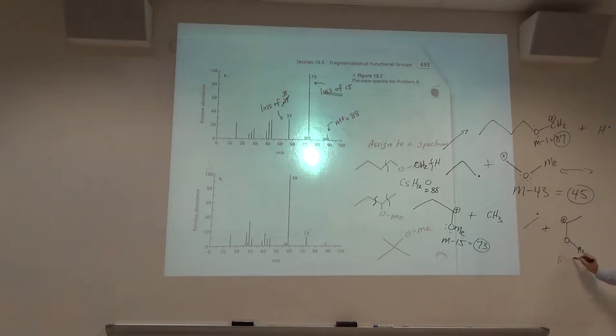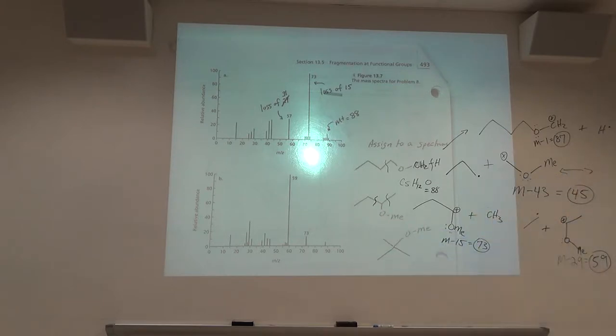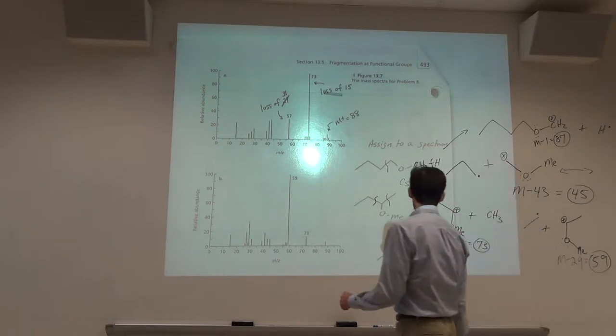This would be M minus 29. 88 minus 29 is 59. So for the second one, we expect 73 and 59. We could also expect loss of an H here to give 87. I'm not going to do that one.